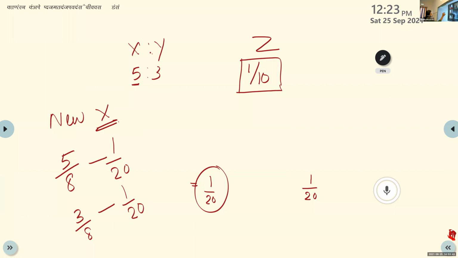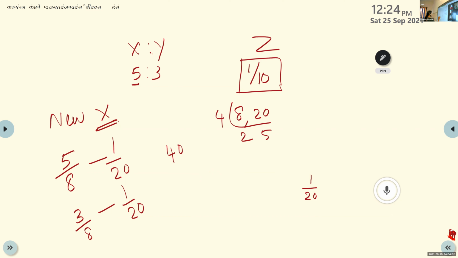You can also do it like this. 4 into 2, 8. That is all up to you. You can go for any of the methods. 4 into 2, 8, 8 into 5, 40. 5 into 5, 25, minus 20 into 2, 40, 1 into 2, 2. So 23 by 40.